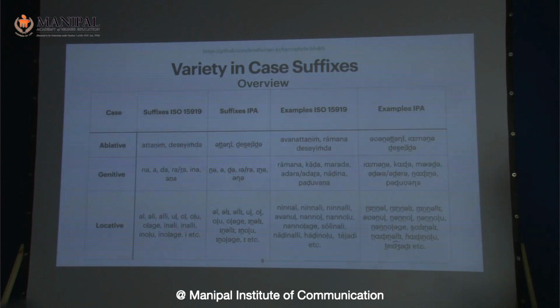There is more, of course. So the ablative, the Panchami. Panchami is traditionally considered controversial in Kannada. In traditional grammar, you will occasionally say Attani, Mamike Ad. Ad stands for Attani.